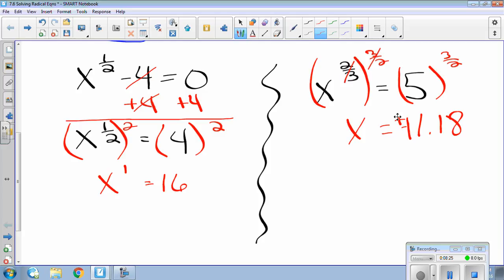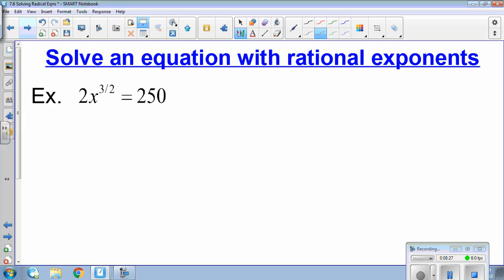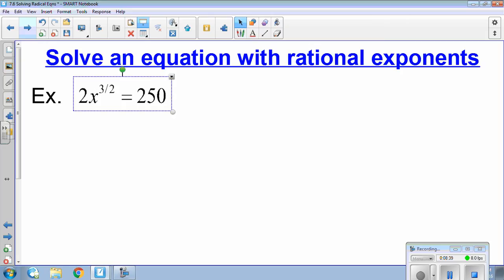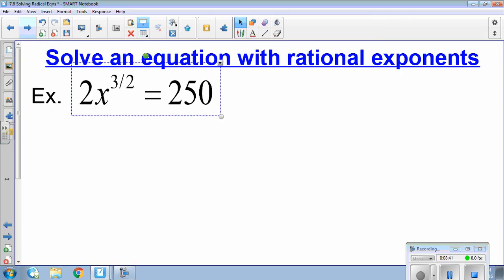So let's move on. This is what we just did. 2x to the 3/2 equals 250. Okay? I have to get x by itself, right? What do I do? Very good. Divide both sides by 2.